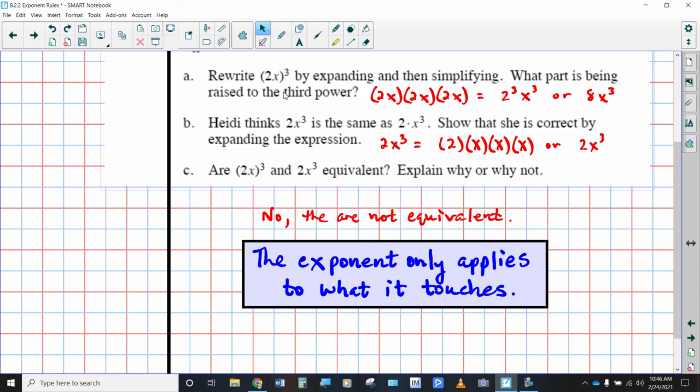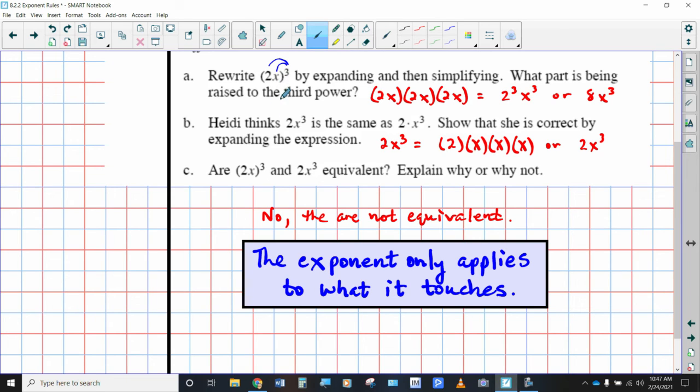So this introduces a new property, which I'm not going to have you write down yet. This is called power of a product property, where you're taking something that's being multiplied together and you're raising it to a power. And basically what this says is you're going to use distributive property here. You're going to apply it to the 2 as well as applying it to the x.